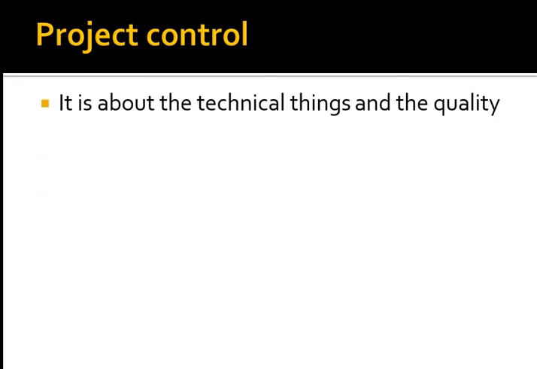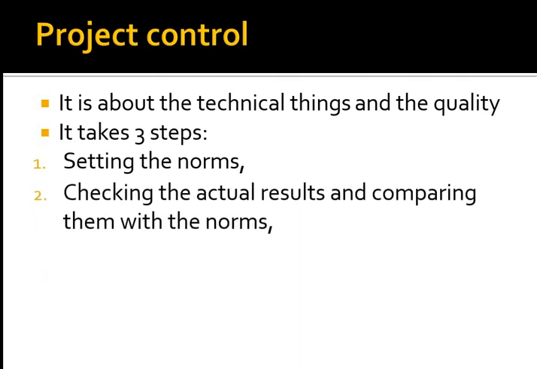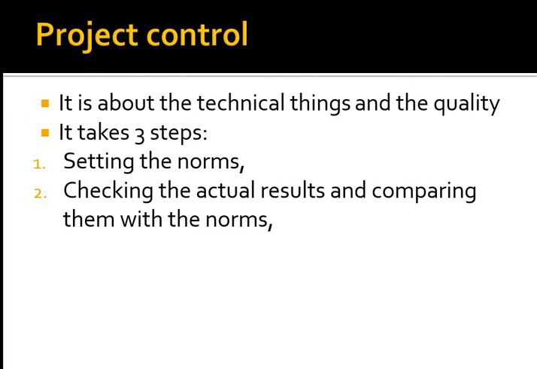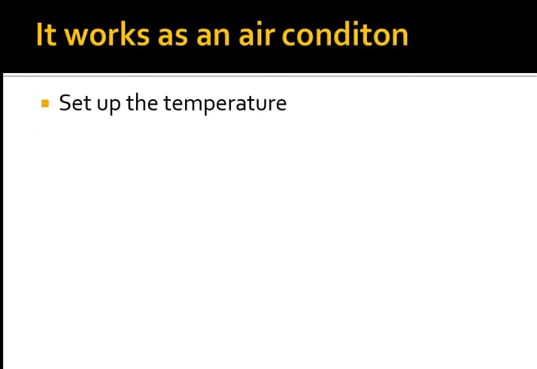The other thing for today is product control. Product control, we need to understand, is more about technical things. You first set the norms, then you check if they are met, and if they are not, you just implement some changes. So you may imagine that it works like an air conditioner.